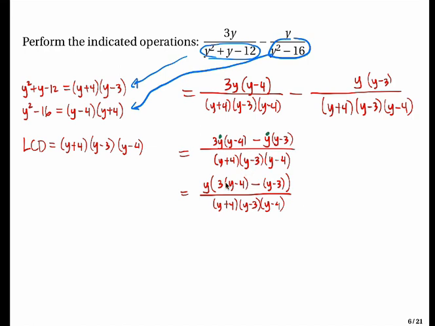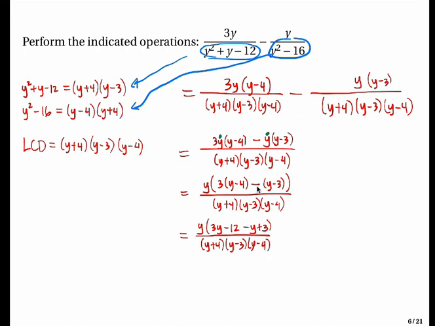And we just simplify this expression here and see if we can simplify further. So y times here, you have 3y minus 12. And then here, distribute the negative properly, so you have minus y plus 3. And then denominator again, y plus 4, y minus 3, y minus 4.